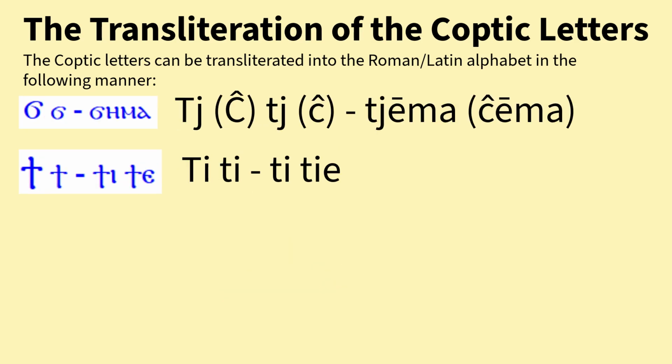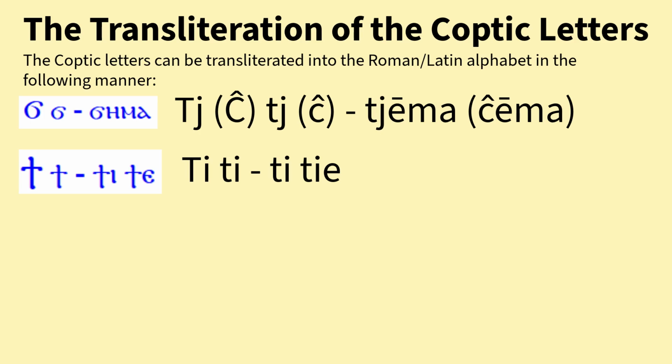We now move on to the Coptic letter, and this is the CH that we have in English, as in the word church, something like that, nowadays at least. There's also debate over how this letter was pronounced, and some people believe it went through nearly 3 stages of change. However, the simplest way to pronounce it, I think, is ch. It's transliterated as TJ, or C with the little circumflex above it, which you'll recognize from some Slavic languages.